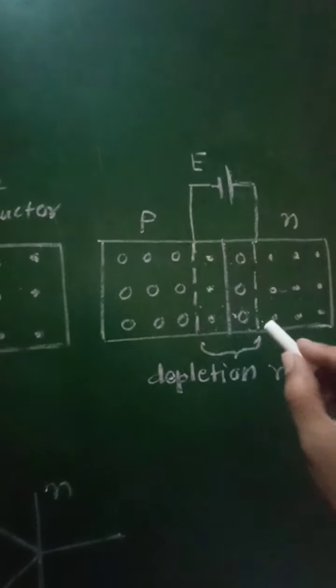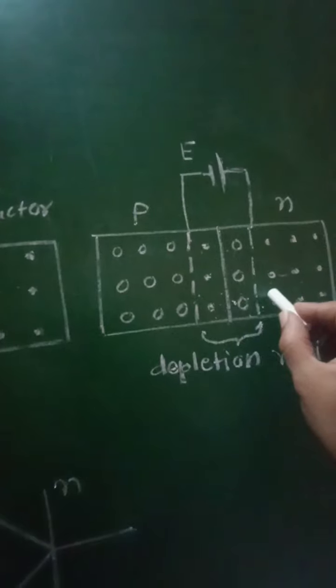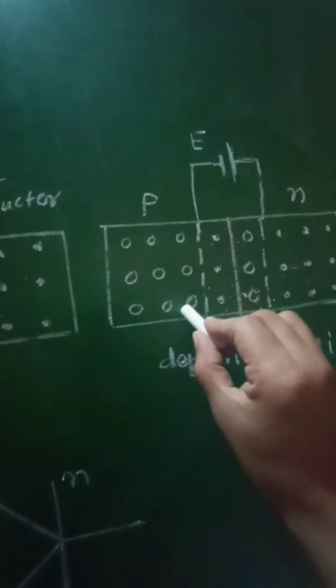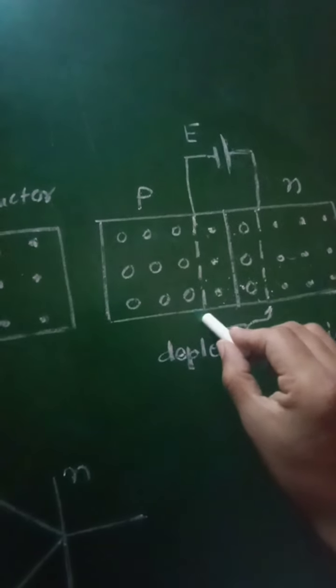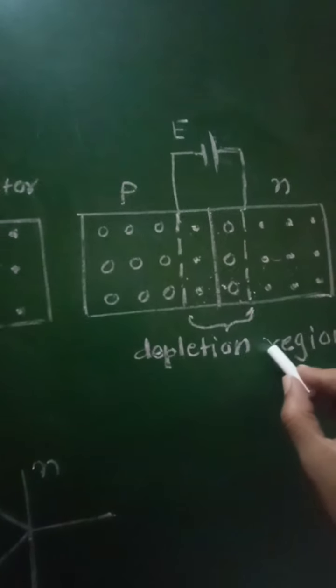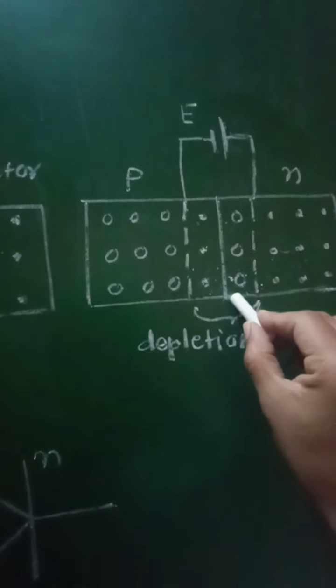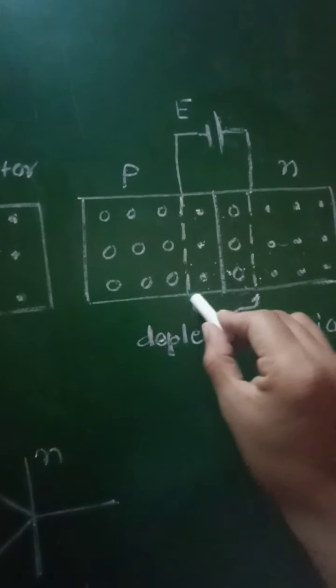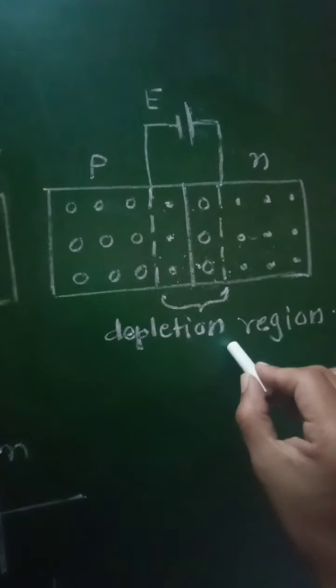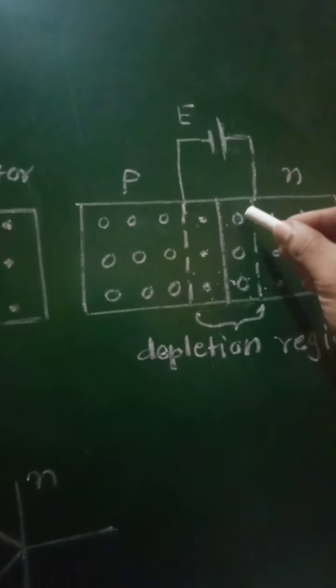When there is transfer of these charge carriers from the n region to the p region or from the p region to the n region, there will be formation of a depletion region near the junction. So this region will be called the depletion region, and it will have a small potential.